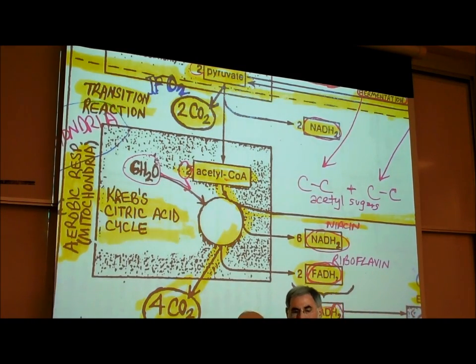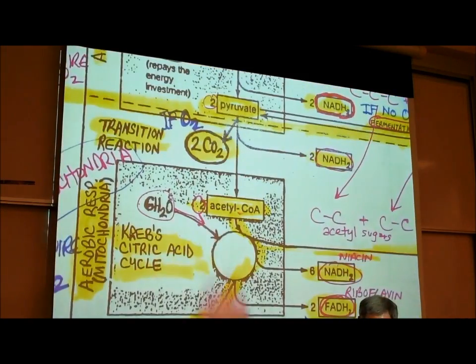And we actually wrote that pantothenic acid, which is a B vitamin, whether you've ever heard of it or not, is what makes up this thing called coenzyme A. Just as niacin makes up the coenzyme NAD, and riboflavin makes up the B vitamin FAD, which we're going to talk about in a moment. All right, so that's the transition reaction.